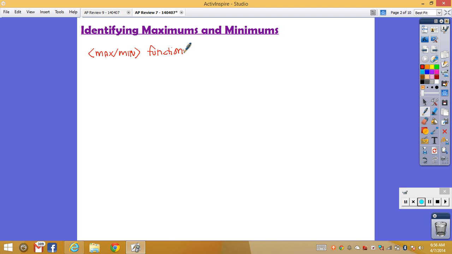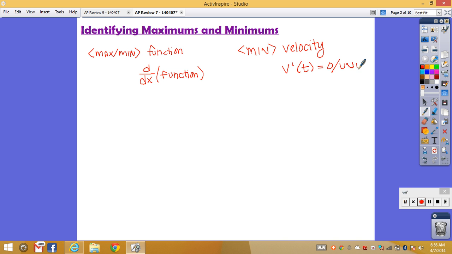Because the key is, when you're identifying maximums and minimums, you want to take the derivative of whatever function they're speaking of. An example of this would be if I ask you to find the minimum velocity. That's the name of the function. If I wanted to do so, I would have to take the derivative of velocity, set it equal to 0, undefined, and do the sign chart. So that's what I mean by writing the function.